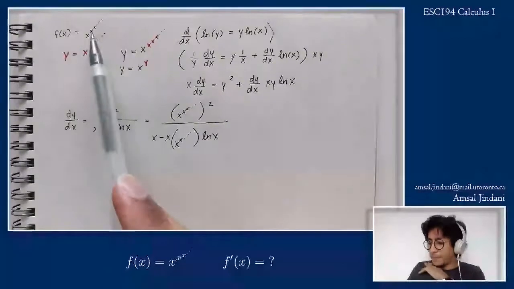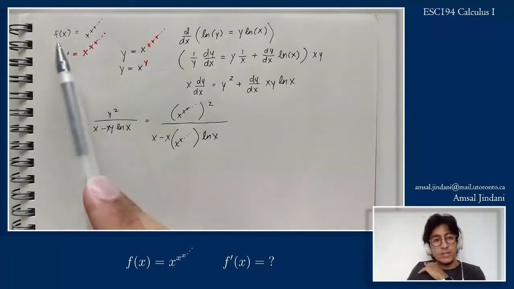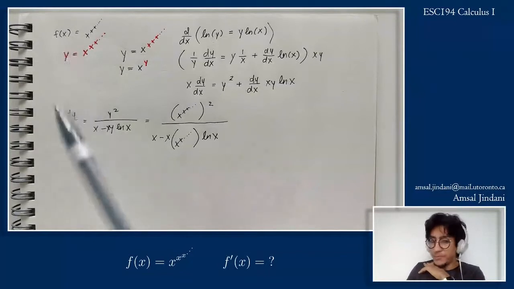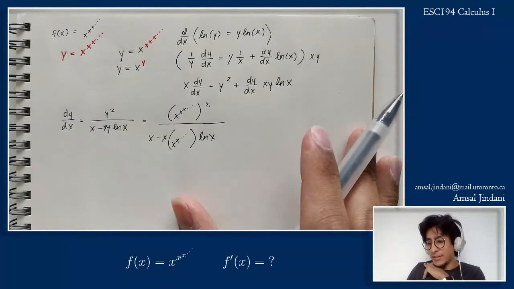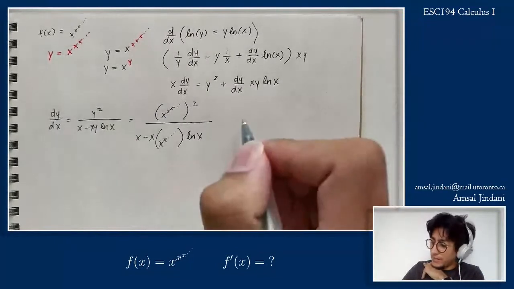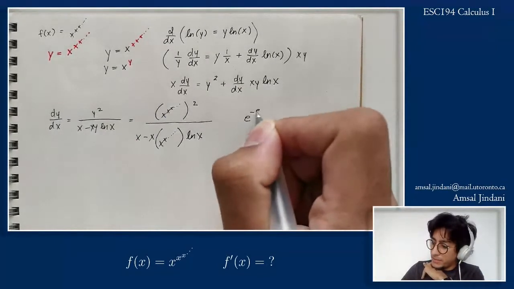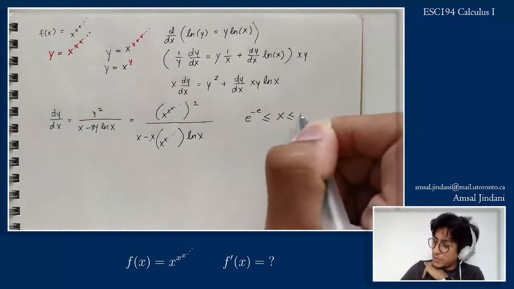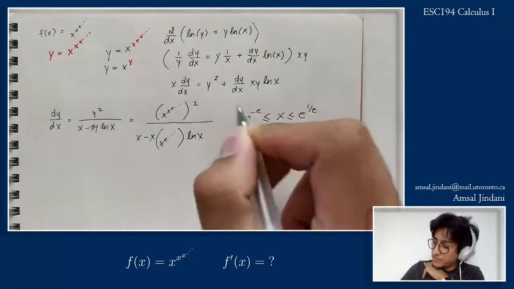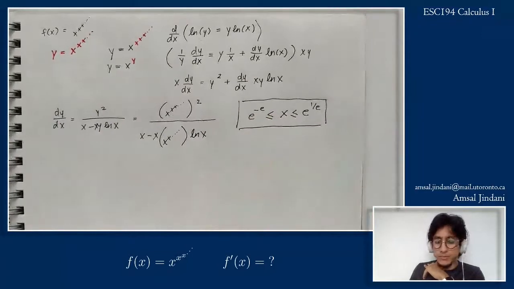So figuring out what values of x converge and give me a finite value of y is actually a pretty good problem. You might think it's absolute value of x less than 1, but actually the values of x that converge are e to the negative e less than or equal to x less than or equal to e to the power 1 over e. So these are the values for which the function is actually convergent.